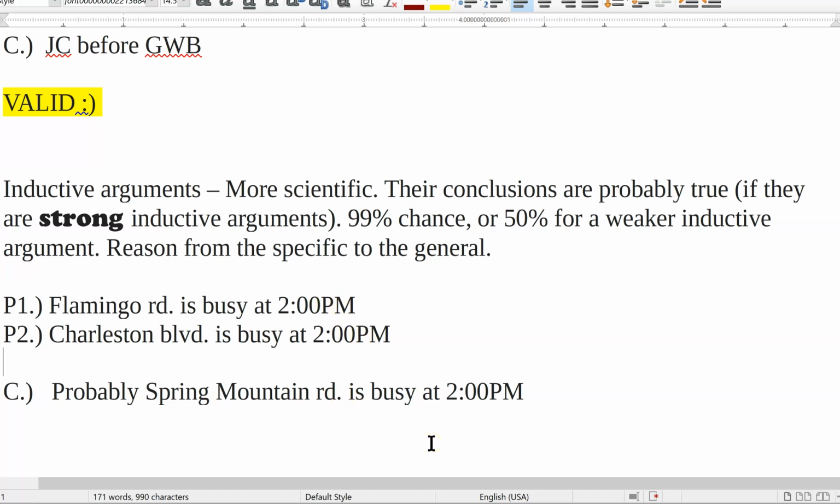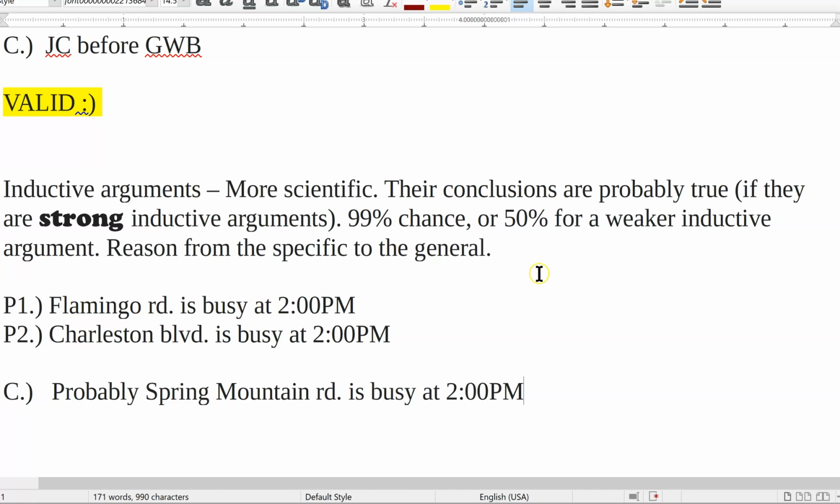And some of the cleverer ones of you, or those more familiar with the area, might say, well, Spring Mountain doesn't start until after the 2:15, and I would say, okay, that's true. I didn't think about that. But maybe you'd prove my inductive argument wrong or false, right? It's not a very strong inductive argument, right?